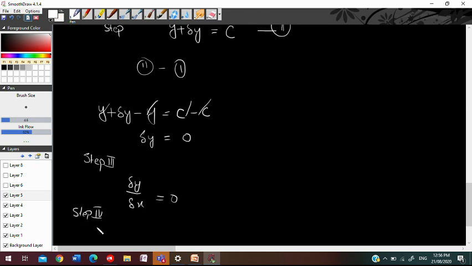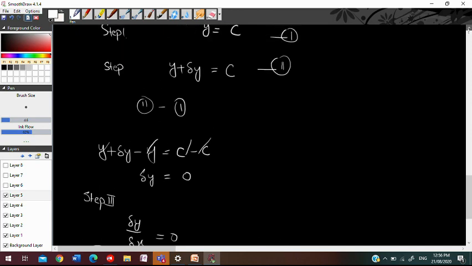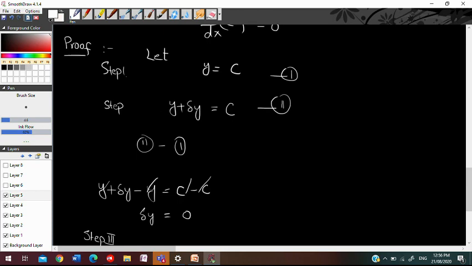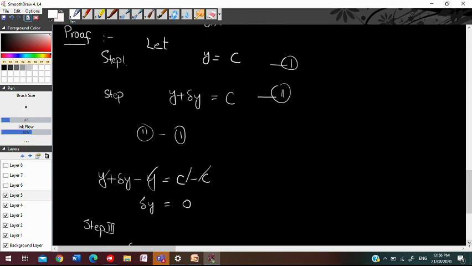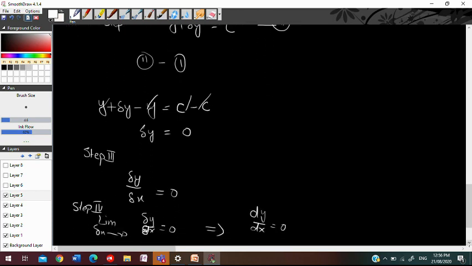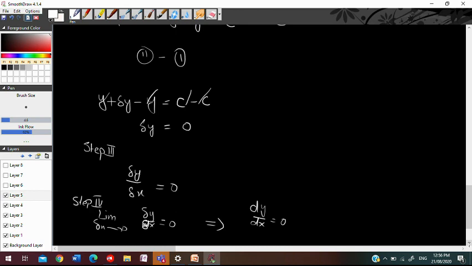So when we take the limit as del x approaches 0, del y by del x is equal to 0, meaning we have dy by dx is equal to 0. So whenever we have a function as a constant, we solve it by the ab initio method, by the definition method, and we get 0 as the result. So this is our first theorem.